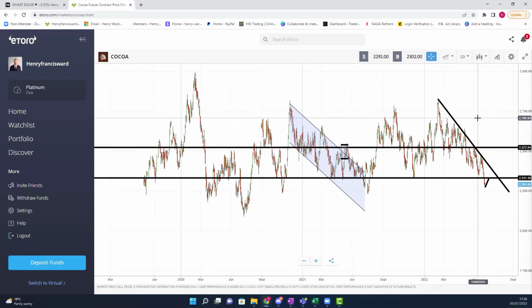Which of those two do you think would be a better level to trade off of? Which of those two levels do you think is better, the horizontal or the trend line?